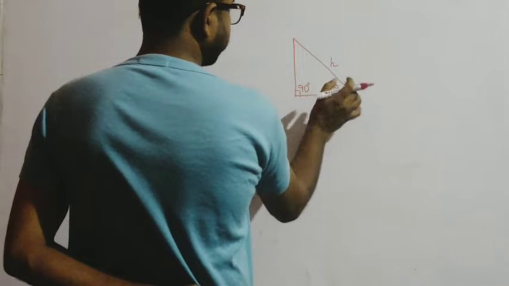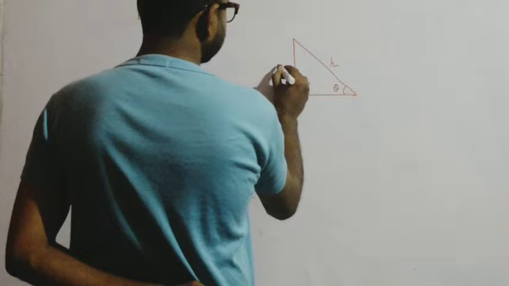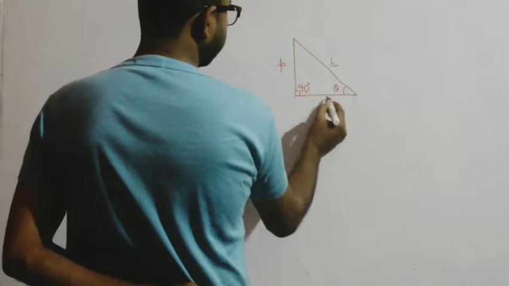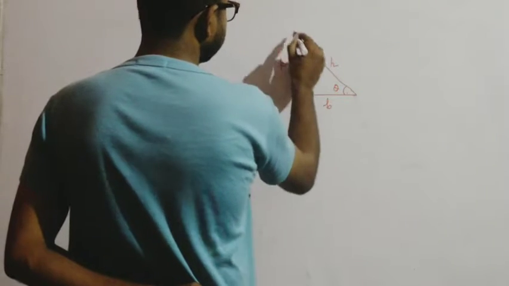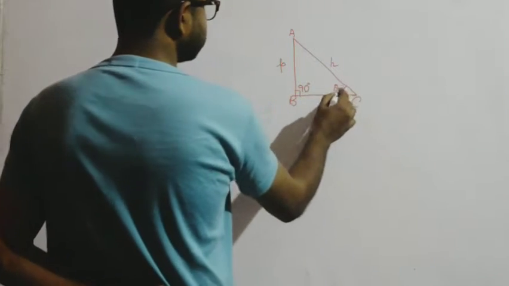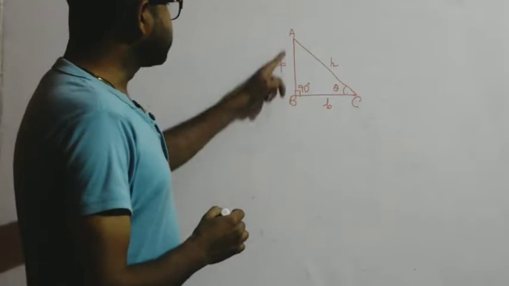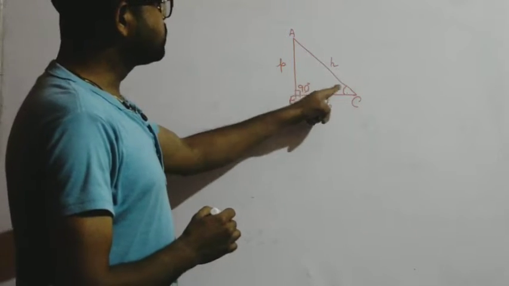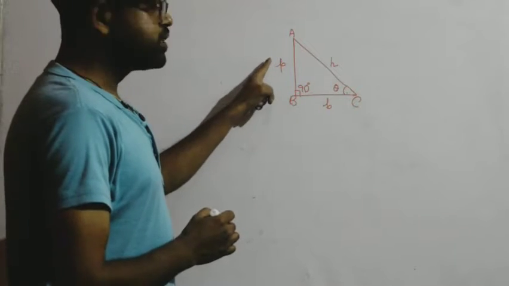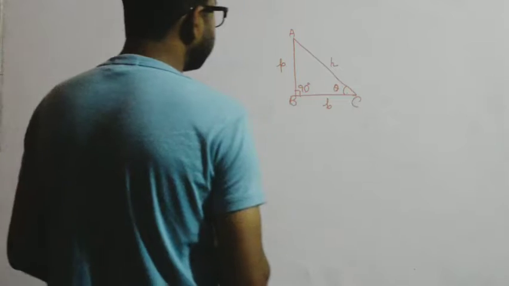The side opposite to the angle we are considering will be the perpendicular, and the other side will be the base. Since this is the angle theta, the side AB, opposite to the angle theta, is the perpendicular, and the other side is the base.